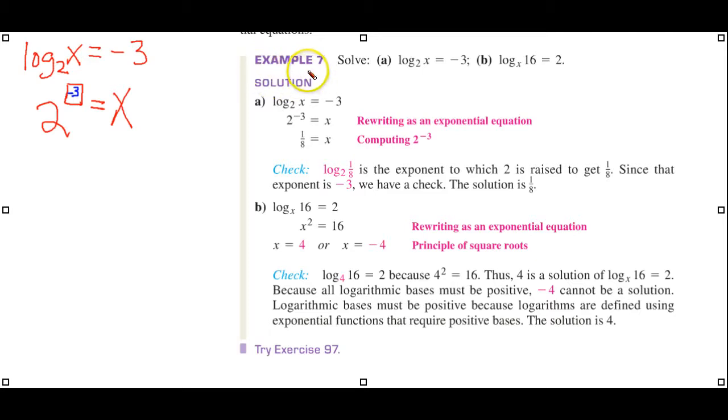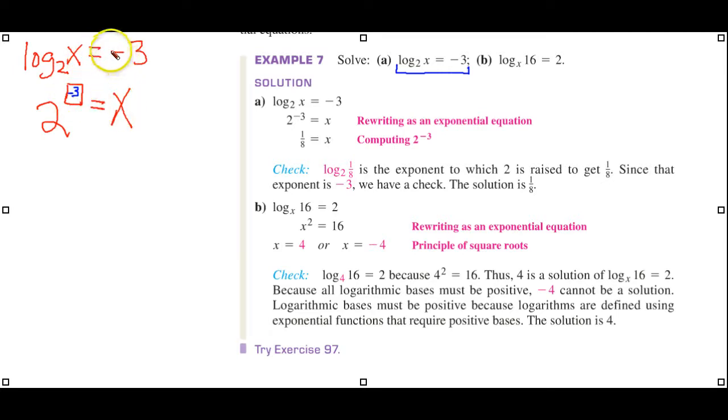So as we look at example 7, the first one here, what do we know? Well, we have a base of 2, which I'm going to put right there. Now we know it's going to equal x, which is right there.